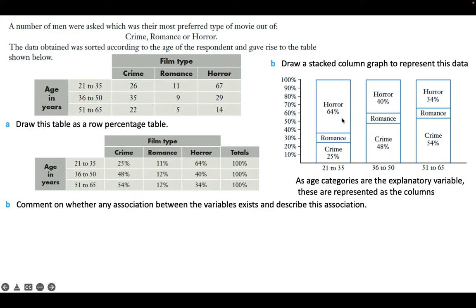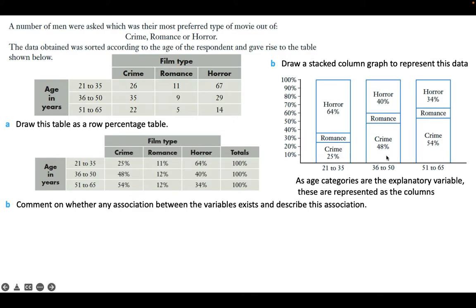So we can see from here that, in fact, at least for the romance genres, there is no association. You can see really that there's no difference in the preferences towards romance movies between all the age categories.